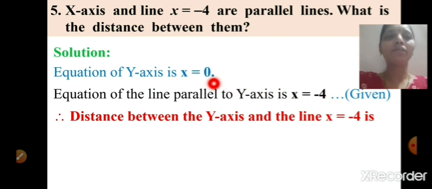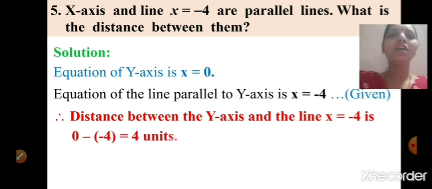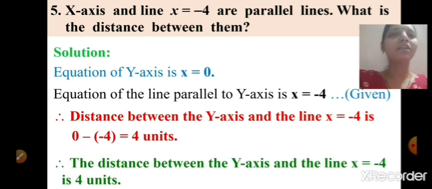So you have to subtract the smaller number from the bigger number. So you will get 0 minus minus 4, that is equal to 4 units. So your final answer: the distance between the y-axis and the line x is equal to minus 4 is 4 units.